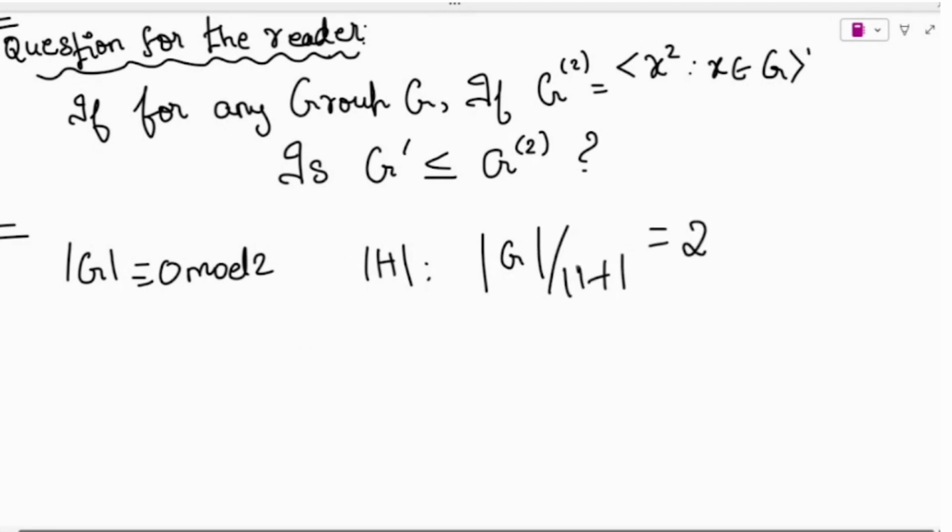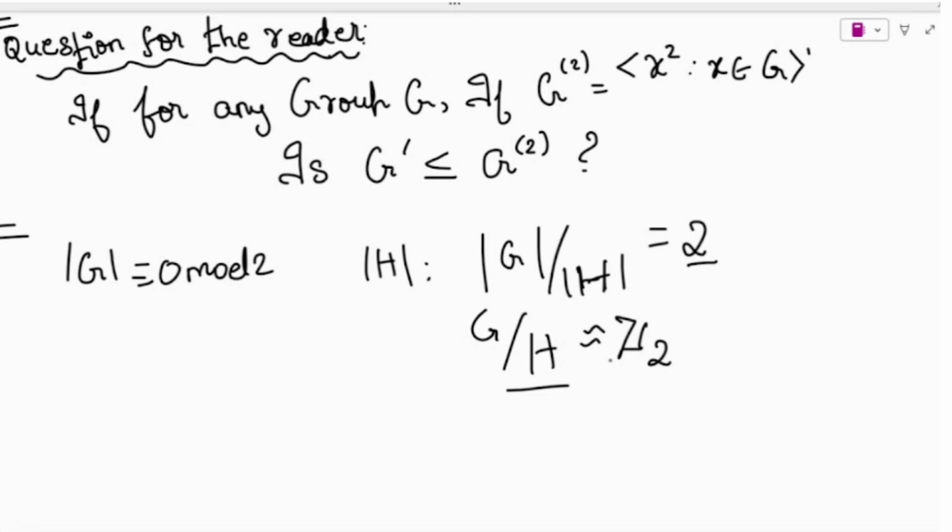Then automatically H will be a normal subgroup, and since the index is 2, the quotient group will be isomorphic to Z2. In this way, we can find such a subgroup. This will satisfy that G mod H is abelian, but it is not necessarily the smallest subgroup that does so.